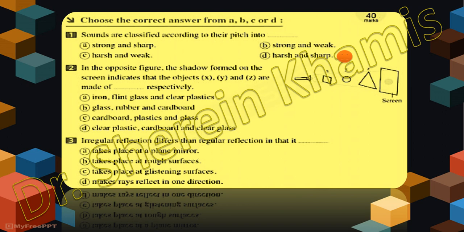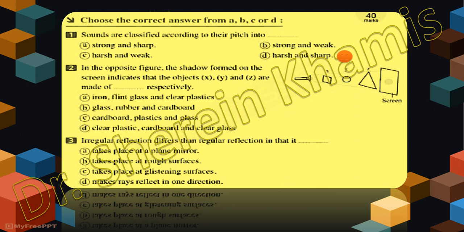Okay, let's go to question 2. In the opposite figure, the shadow formed on the screen indicates that the objects X, Y, and Z are made of what, respectively. To see the object here, we must know that the one in the middle, with the circle shape, falls on the screen. So the one in front of it and the one behind it must be transparent to make the shadow on the screen.